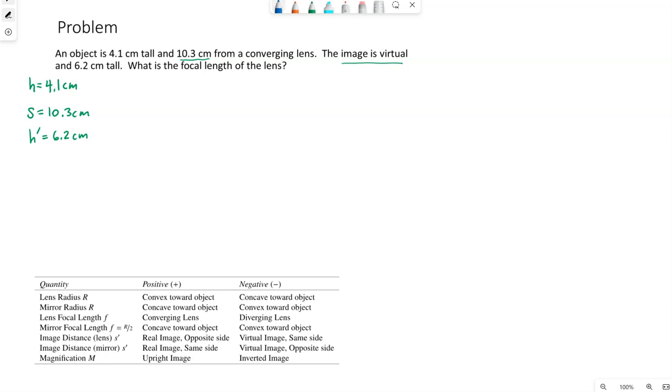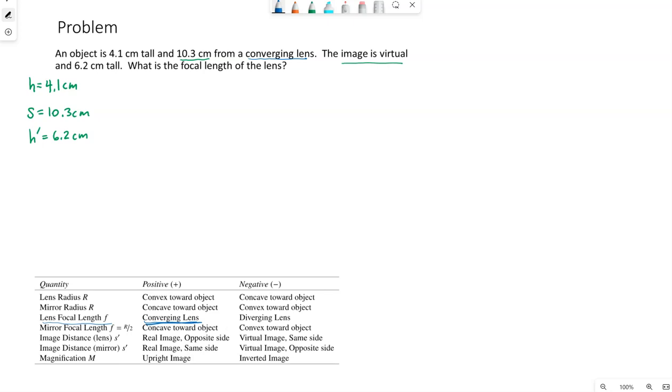Okay, a couple things to keep in mind. Our converging lenses, if we come to our table, converging lenses have positive focal lengths. That just means as we go through the math, we better come up with a positive answer. If we come up with a negative answer, we can't just make it positive.